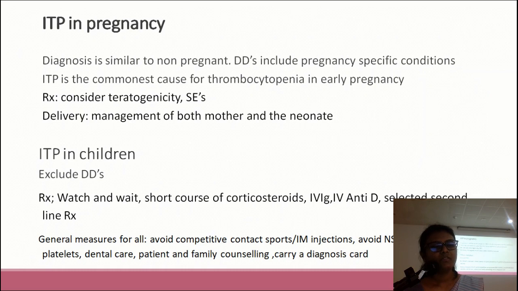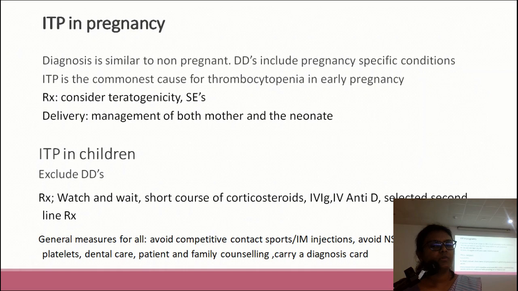Treatment wise, first line treatment we can try, but for second line treatments we consider teratogenicity and side effects. We should manage both the mother and the neonate during and following delivery. Antibodies can cross the placenta and cause neonatal thrombocytopenia.